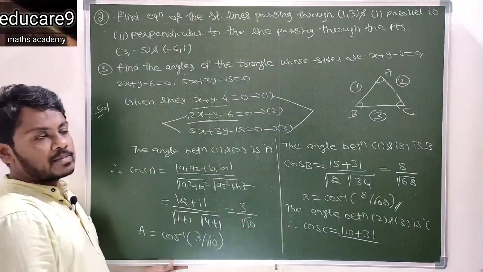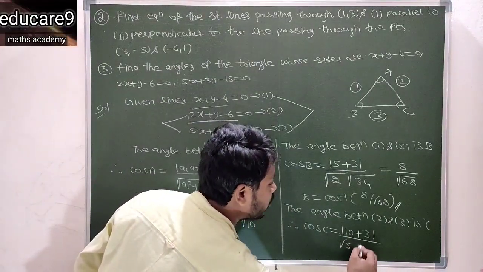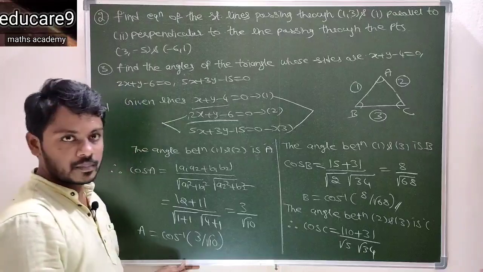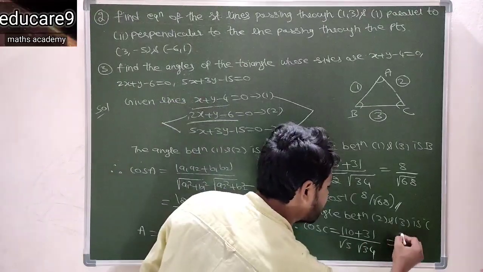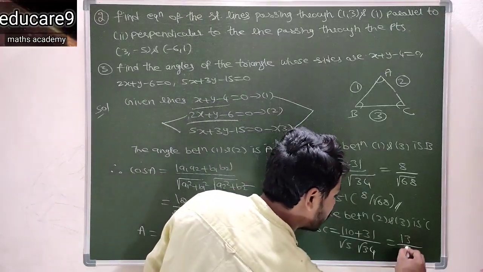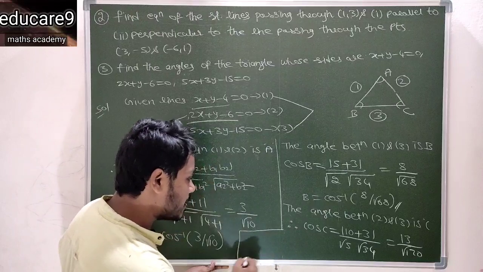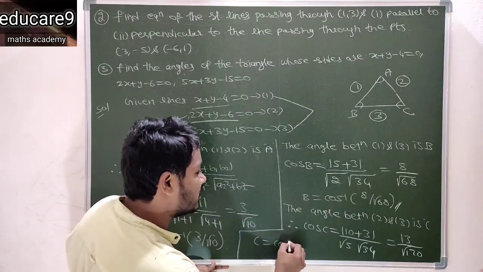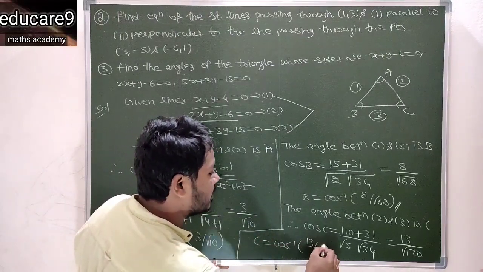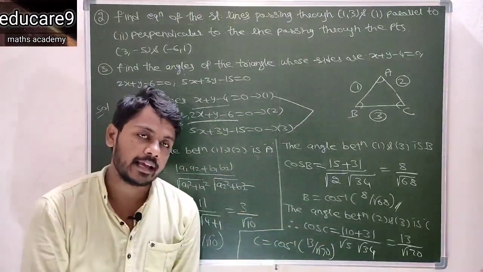So A1 square plus B1 square, what you get? Root 5 and root 34. Clear? This is what? 13 by root 170. So clearly C is equal to cos inverse of 13 by root 170. So these are the angles of a triangle ABC.